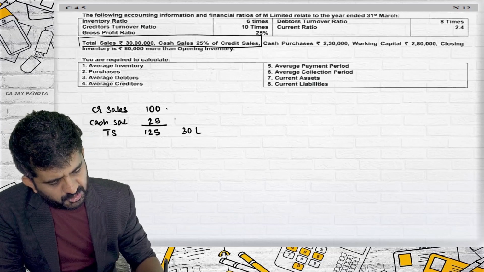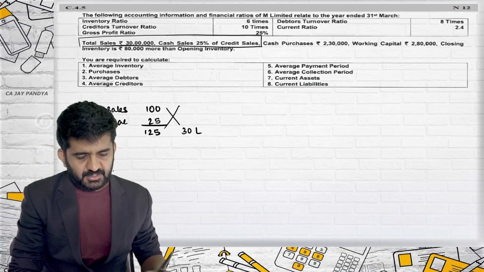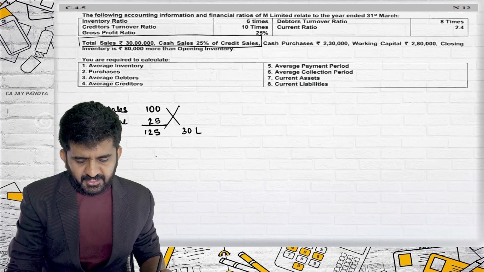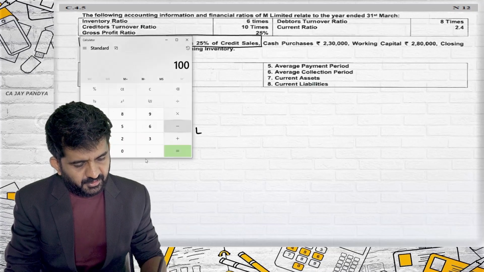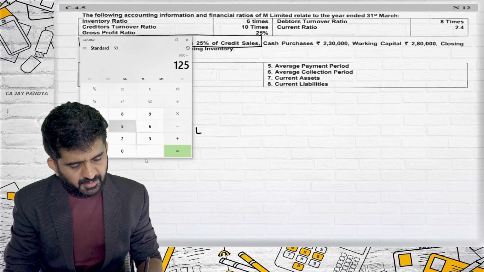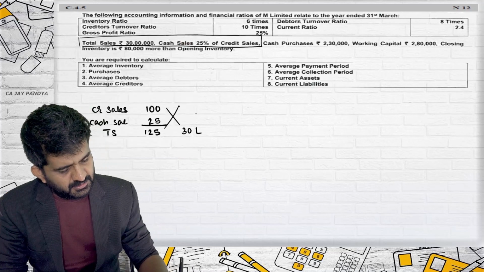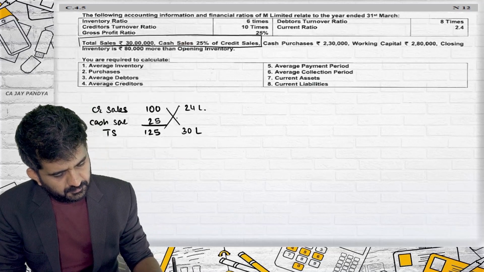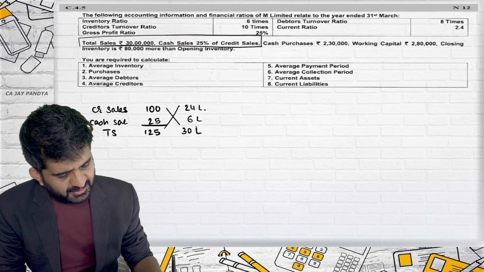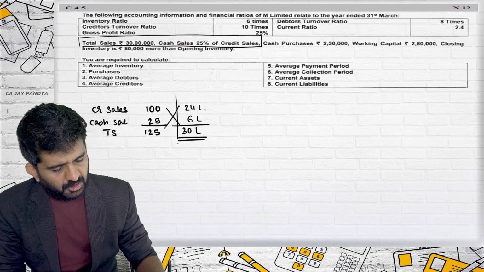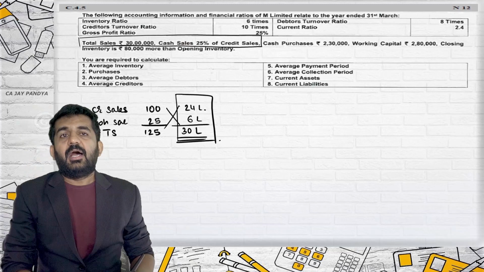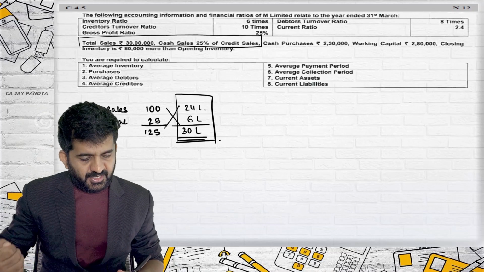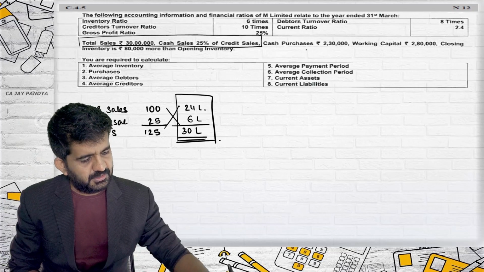You can do cross multiplication and you will be getting all the answers. 100 into 30 divided by 125 is 24 lakhs. Cash sales will automatically be 6 lakhs. Total will be 30 lakhs. I have got the answer of credit sales, cash sales and total sales.